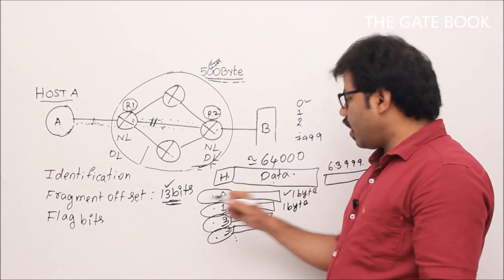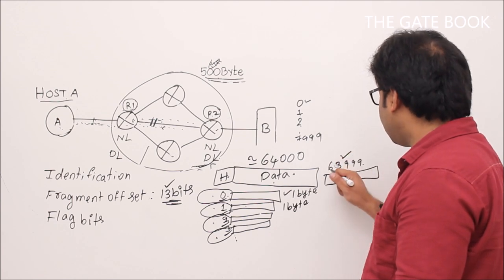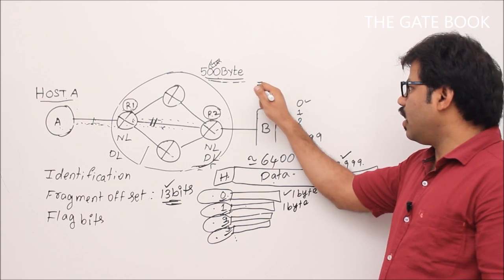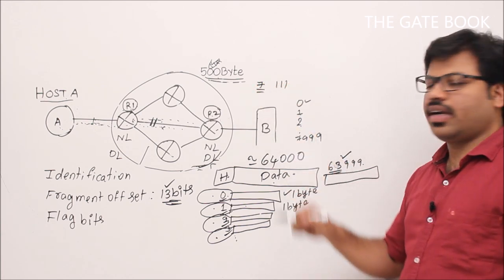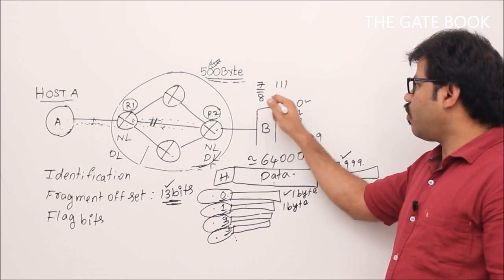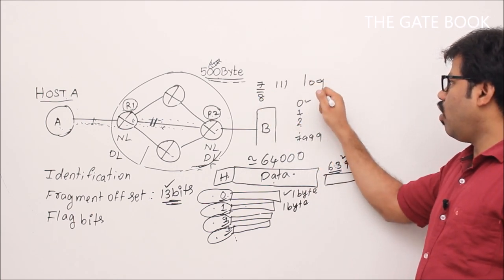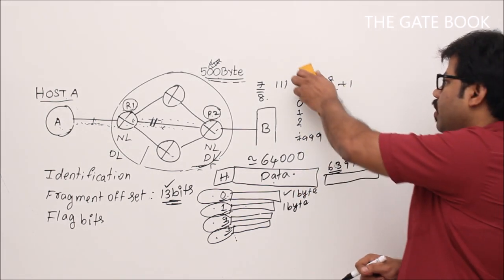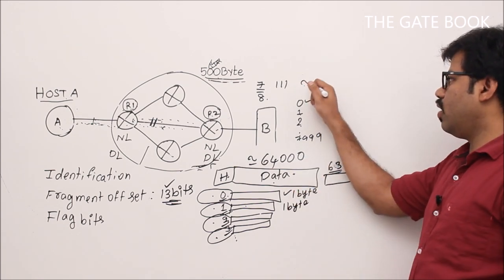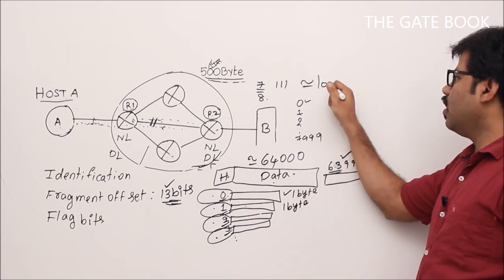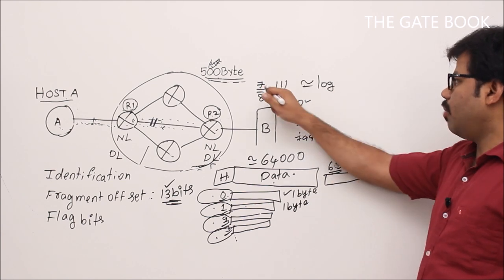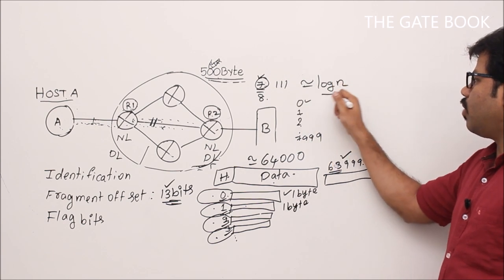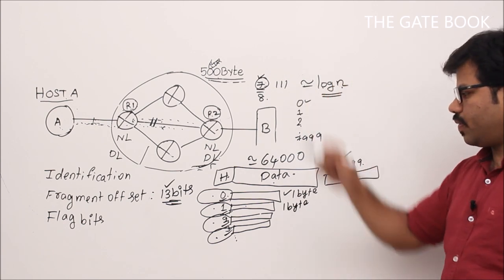How many bits are required to write an offset which represents 63,999? Remember one thing, to represent 7 in binary format, 3 bits are required. To represent 8 you require 4 bits. That means I can say log 8 base 2 plus 1. Forget about the exact value, we don't require the exact value, but approximately, if you want to represent any number in binary, the number of bits required is log n, where n is the number.